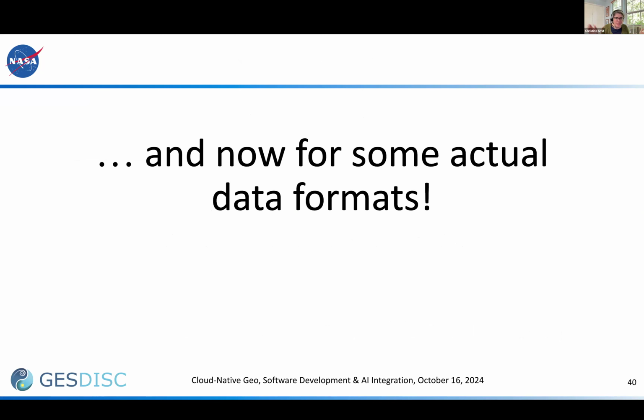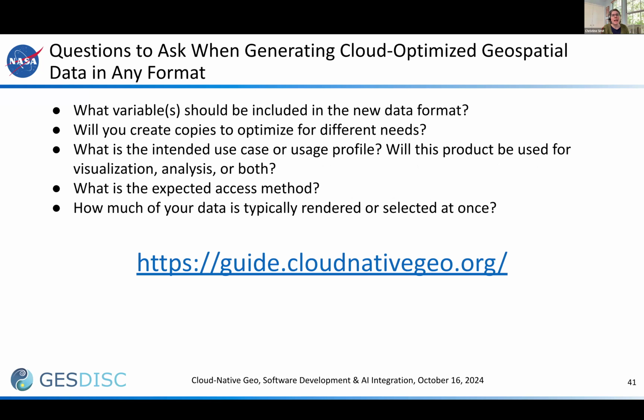So let's talk about some actual data formats. Again, we're going to be using this Cloud-Native Geo Guide here. It has some really nice questions that you want to ask yourself when you are thinking about moving data into the cloud. The first is, what variables should be included in the new data format? Don't move things that you don't care about.